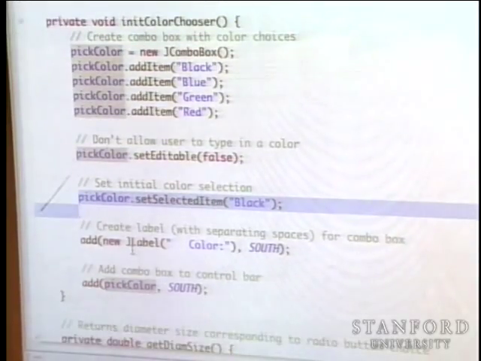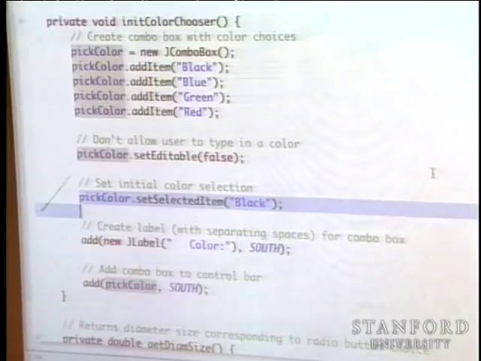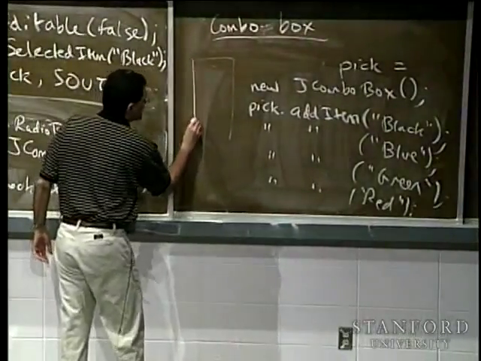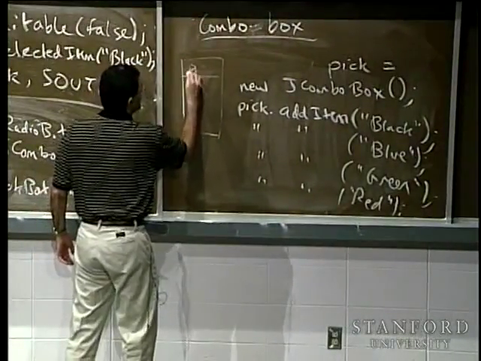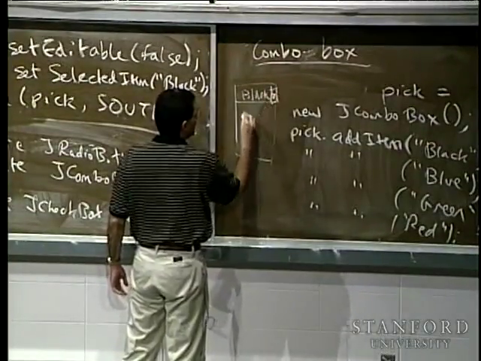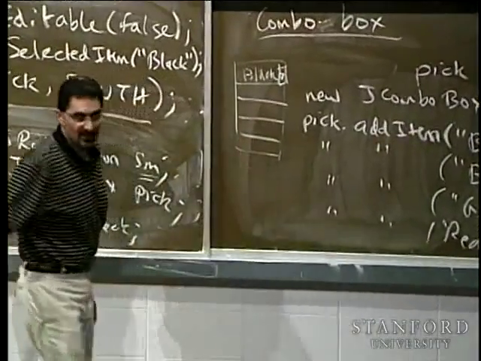Now here's something funky that I'm going to do. I'm saying, hey, here's my combo box. My combo box doesn't have a name associated with it. When this thing actually gets drawn on the screen, I just get a box that starts with black in it. And if I click on this little thingy over here, I get blue and red and green and the other choices.